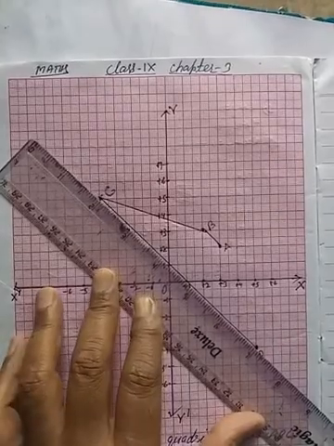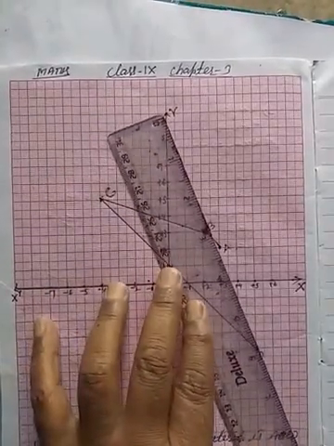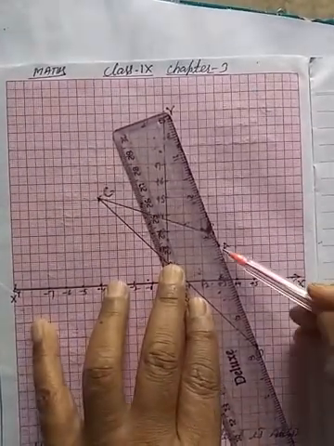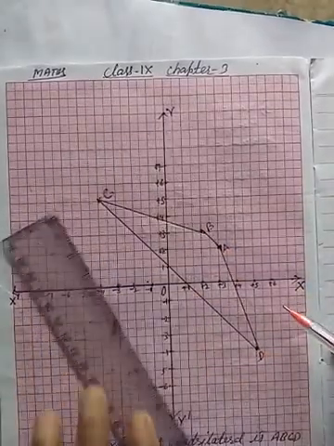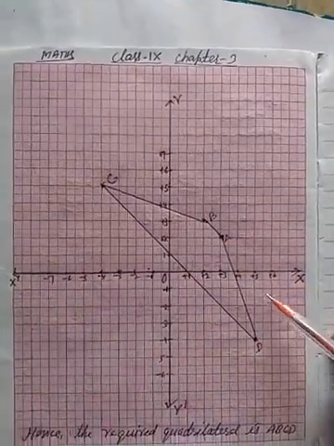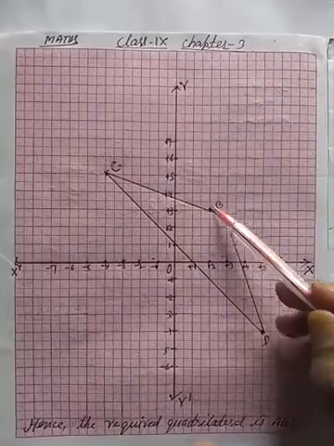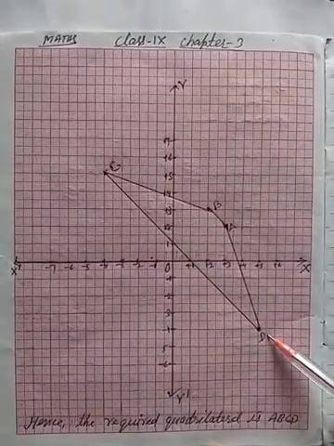Okay students, now after this you have to join A to D. So in this way we have got the quadrilateral. Okay students, ABCD is the quadrilateral.